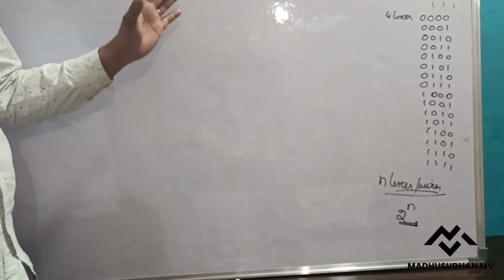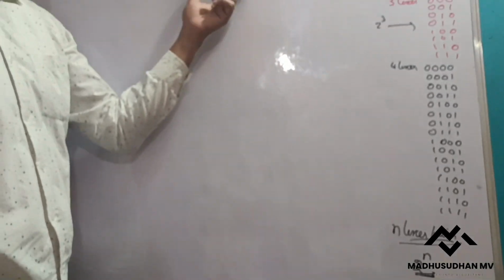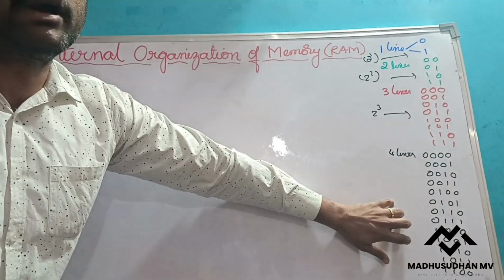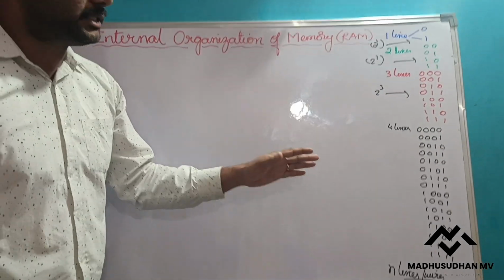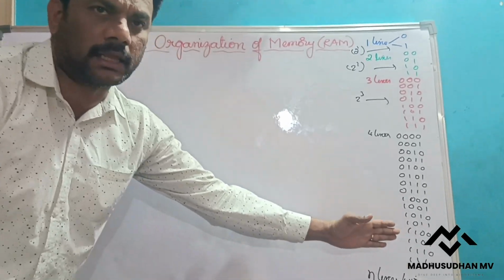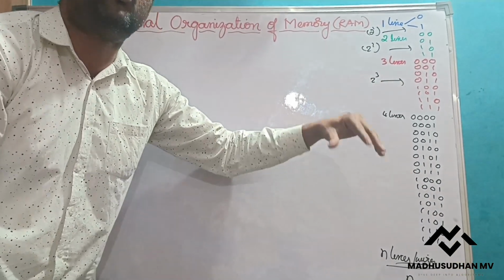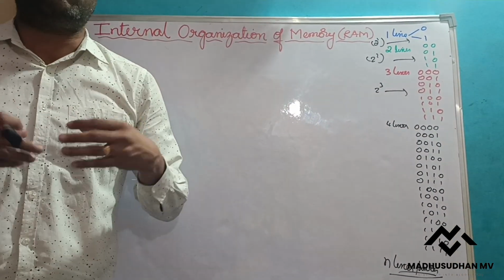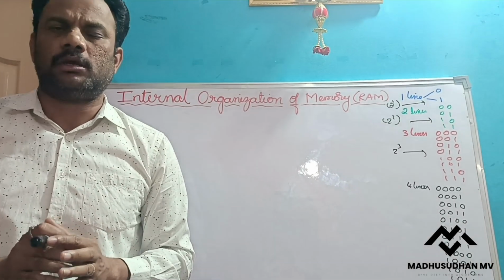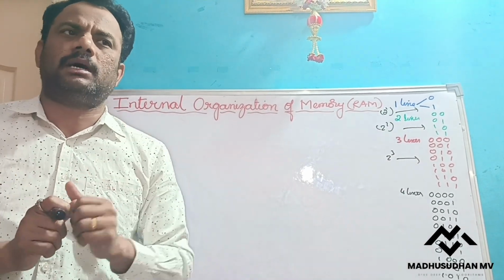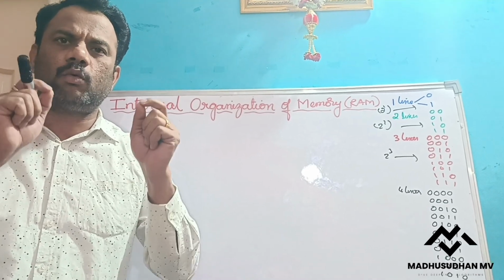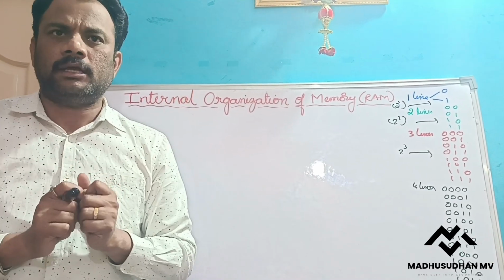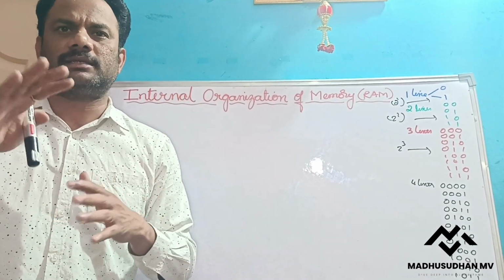Now, I will design RAM, that is random access memory, by taking 4 address lines. This address we are giving in the form of binary. This is already encoded because we human beings know only decimal numbers. Whenever we are dialing any number or typing any number, we are entering only the digits from 0 to 9: 0, 1, 2, 3, 4, 5, 6, 7, 8, 9.